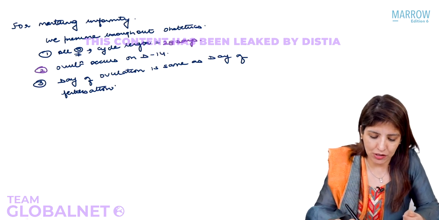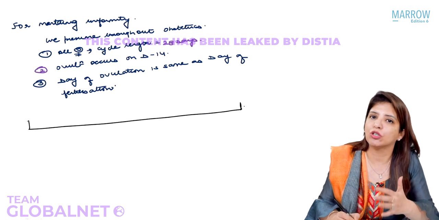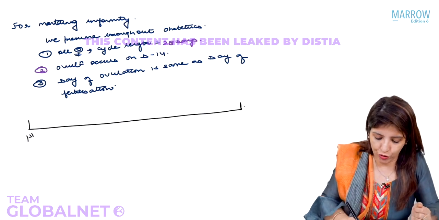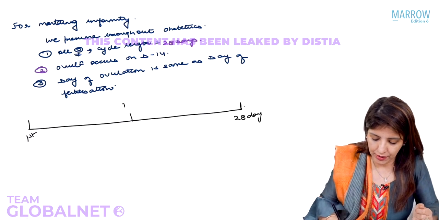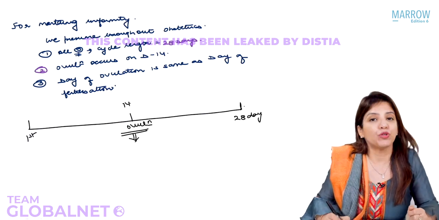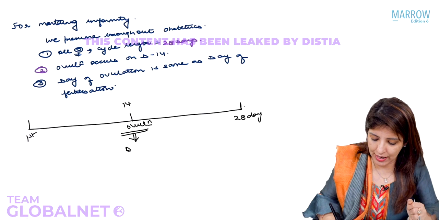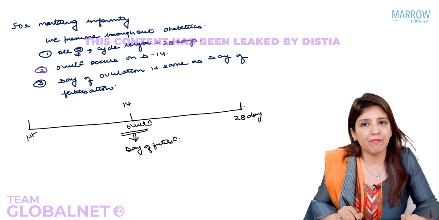Now when we make these 3 presumptions, I am going to draw a menstrual cycle based on these 3 presumptions. So first day of the cycle, 28th day of a cycle. Day 14, ovulation has occurred, right? And I am telling you, we presume that the day of ovulation and the day of fertilization are the same, right?